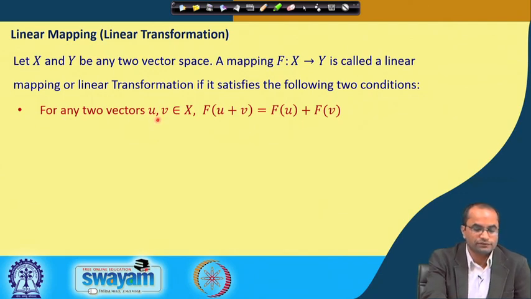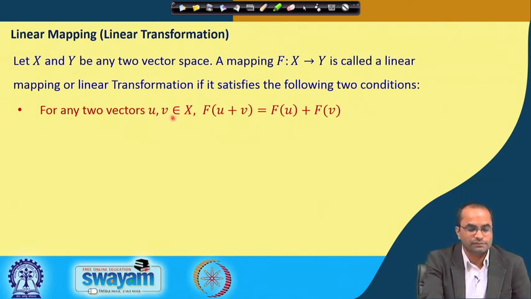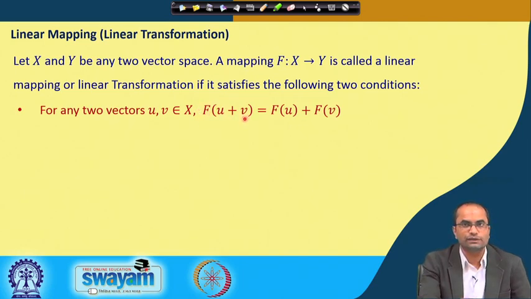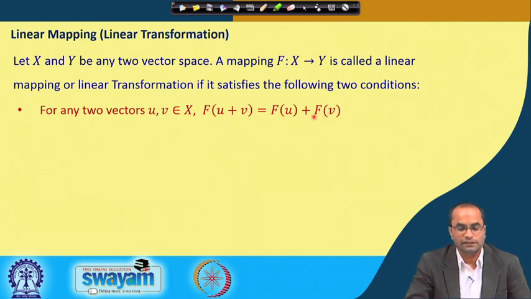For any two vectors u and v from this vector space X, if we apply this transformation f on u plus v, this should be equal to f u plus f v. So, that is one of these two conditions which is required to say that this is a linear transformation.